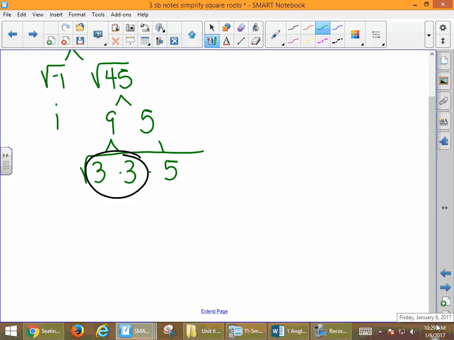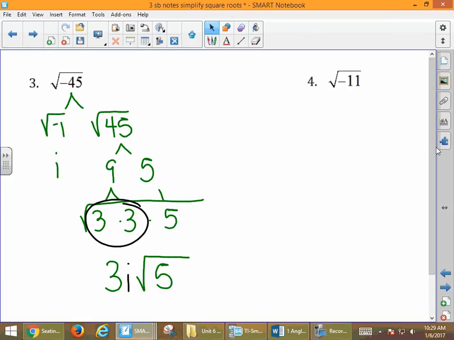So we're going to have 3 square root of 5. Don't forget the i. 3i square root of 5. I tend to like to write the i where I write it. Sometimes a teacher will write it after the radical. Sometimes I think that gets confusing.